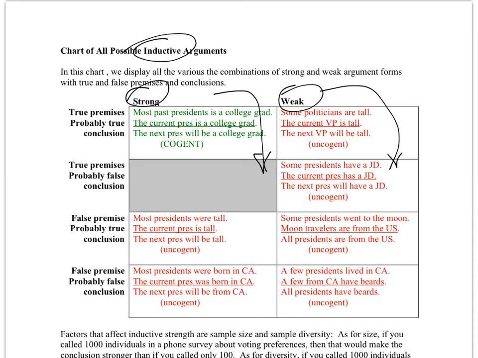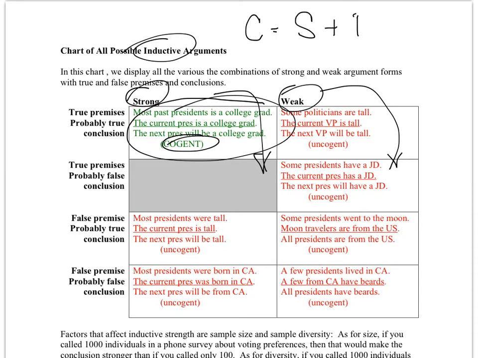So, as with the chart on deductive arguments, this chart also has only one good kind of inductive argument, and that is the kind of inductive argument at the end of the day that you want. It's an argument that is cogent, and a cogent argument is one that has both a strong inductive argument structure plus all true premises.